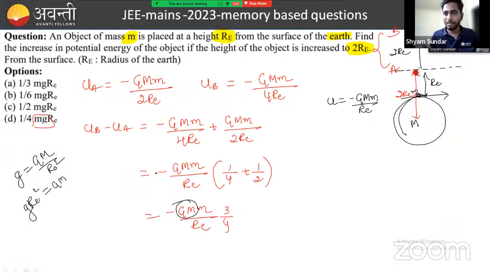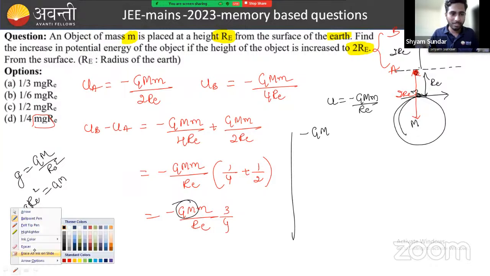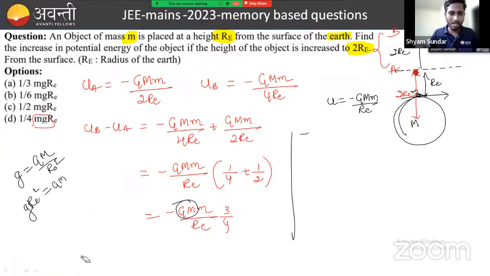Replace it. Or else if I made any mistake, we'll get to know very soon. Then that equation will be minus, in the place of GM we can write g RE square, small m divided by RE into 3 by 4.